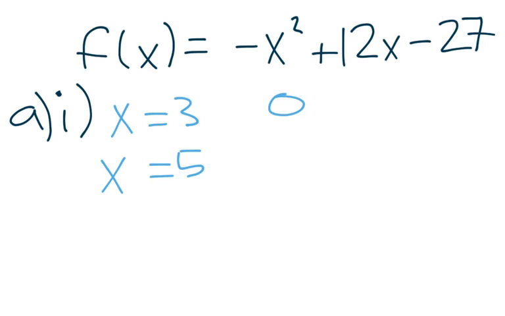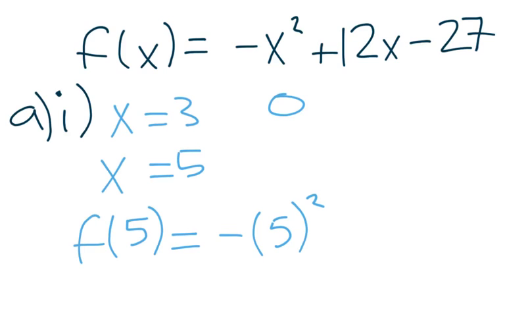So what we're going to do is sub in 5 for x in our f of x. So we're going to say f of 5 equals minus 5 squared plus 12 by 5 minus 27.